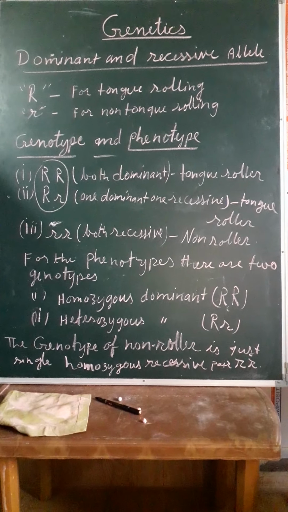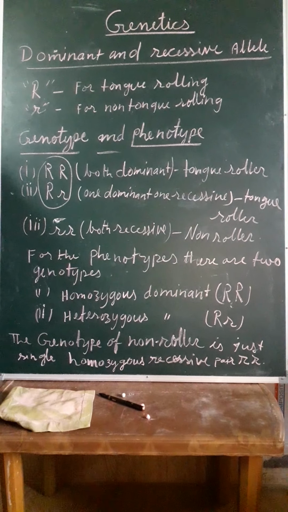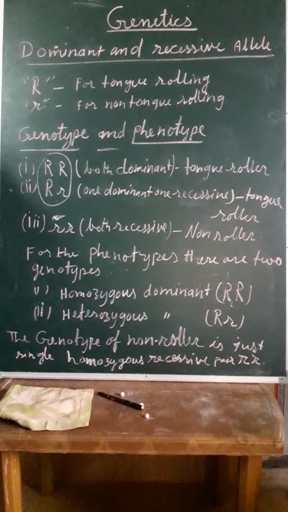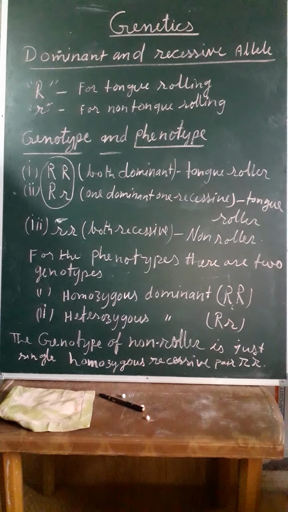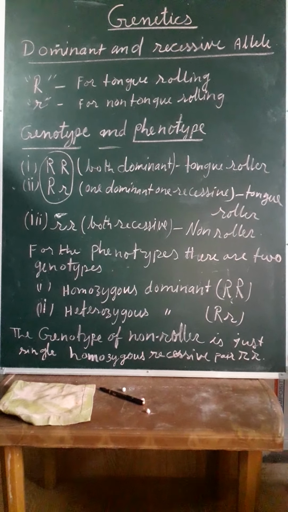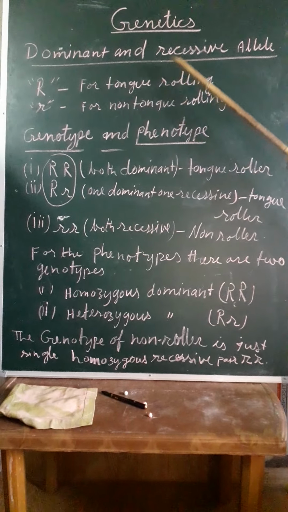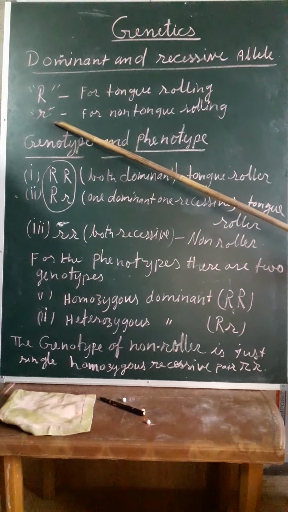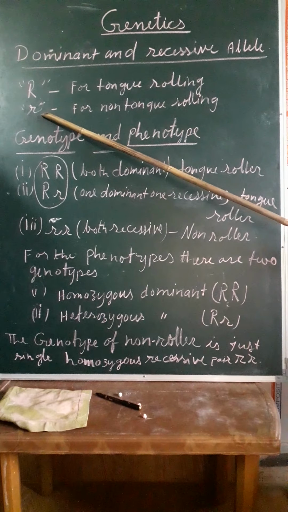Thus, the gene for tongue rolling is located on a particular pair of chromosomes. Every individual has a pair of this gene, and as a rule, those who are able to roll the tongue are represented by capital R, and those who are not able to roll the tongue are represented by small r.